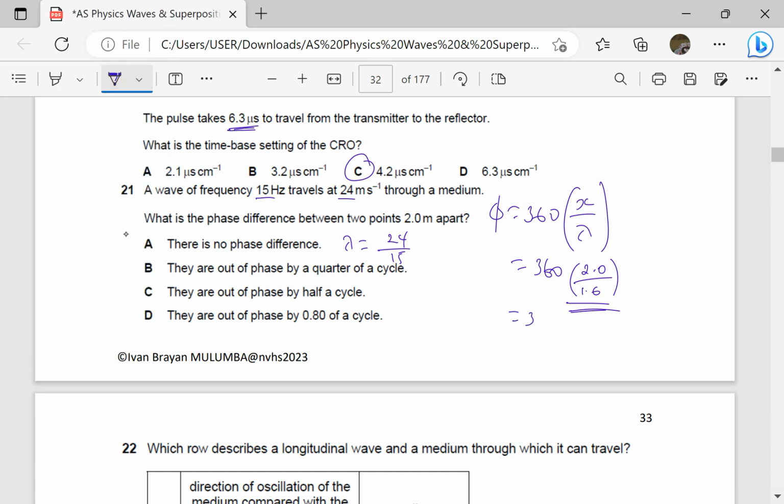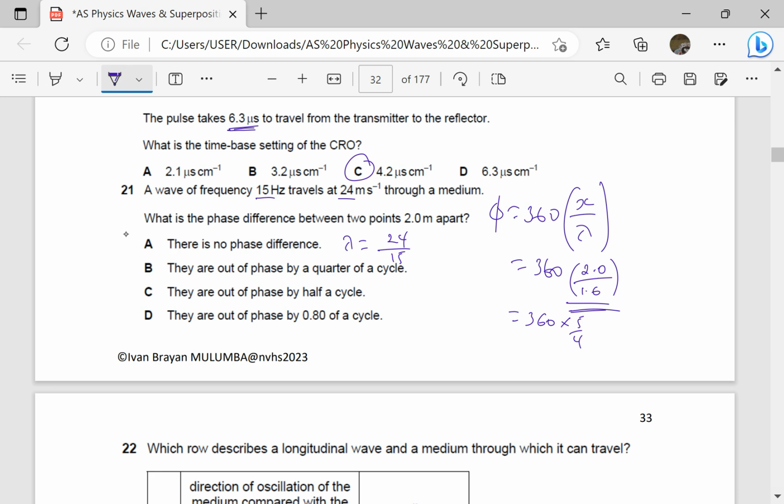So this is 360 times 5 over 4, which is actually the same as a quarter of a cycle, because 5 over 4 means 1 complete cycle and a quarter cycle. So a quarter cycle is the part which contributes to the phase difference.